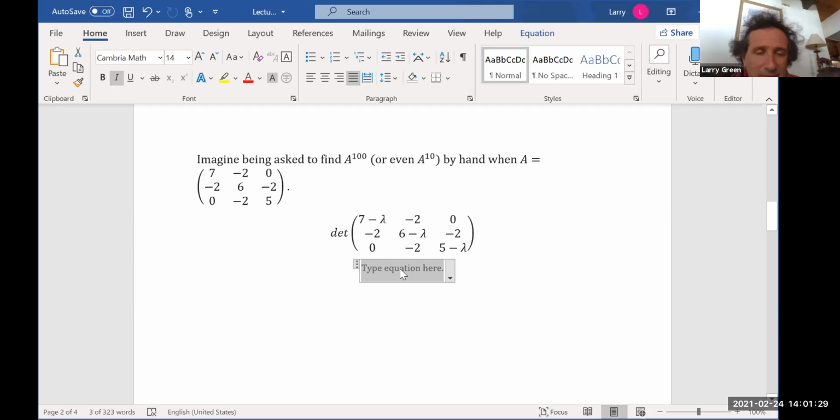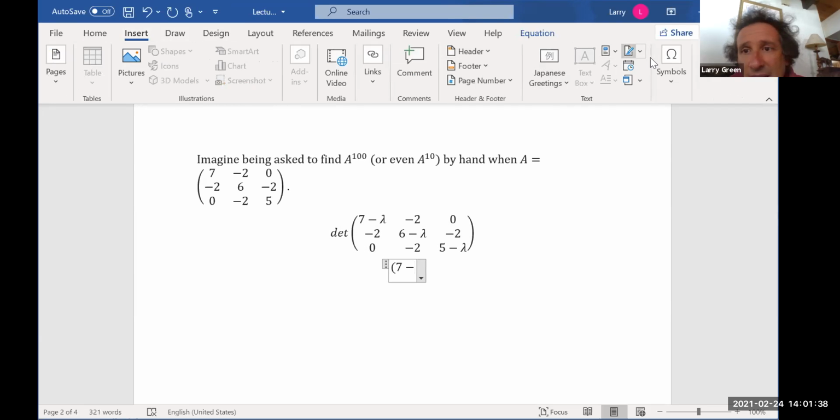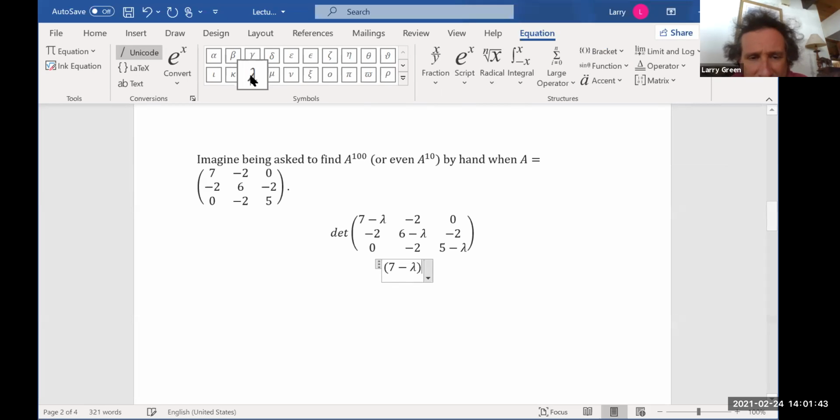Here, there it is. So it's going to be 7 minus lambda times 6 minus lambda, 5 minus lambda, and then minus 4.